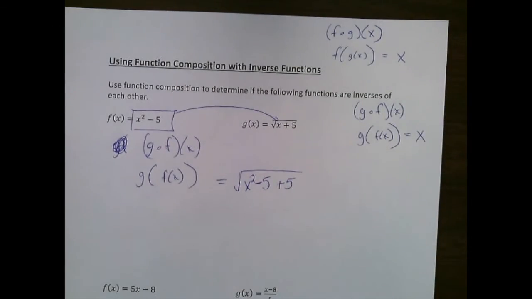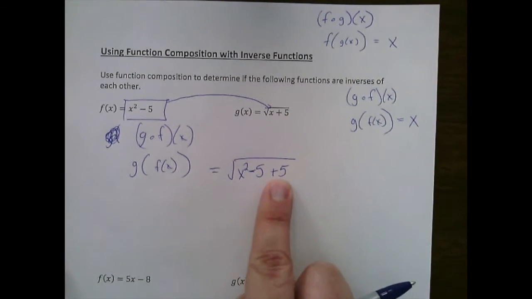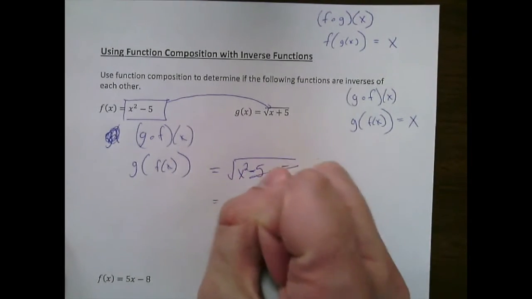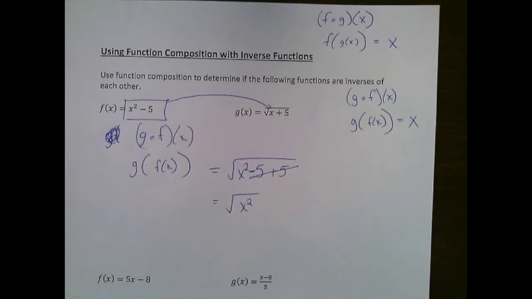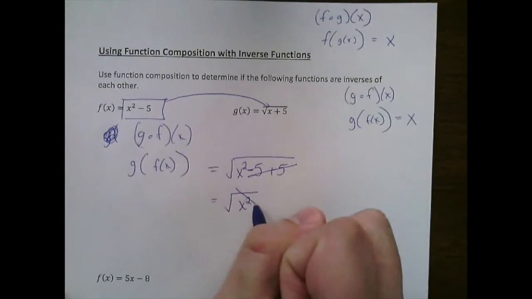What I'm going to do now is simplify this expression. Looking at it, on the inside of the square root, I have a minus 5 and a plus 5. Minus 5 plus 5 is 0, so those are gone, and I would be left with still the square root and an x squared. Then I have a square and a square root. Squares and square roots are inverses of each other.